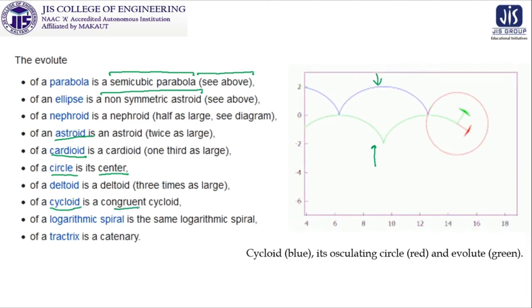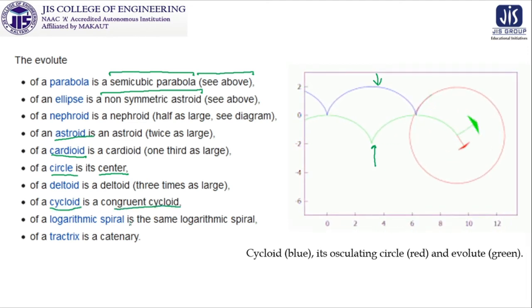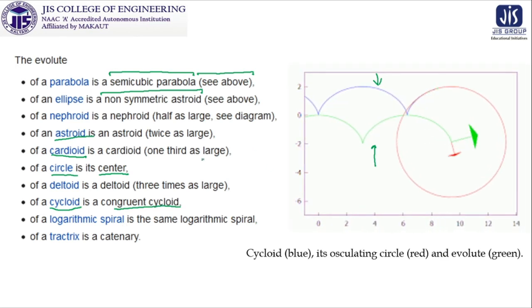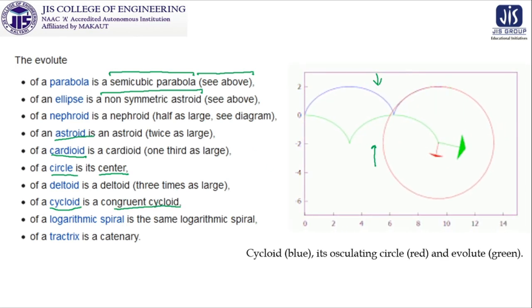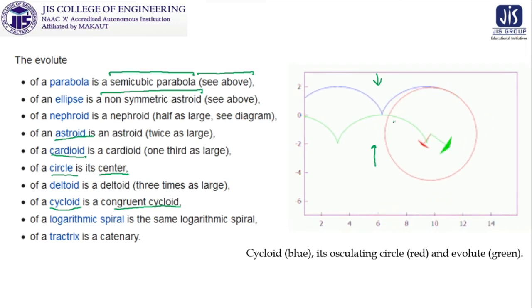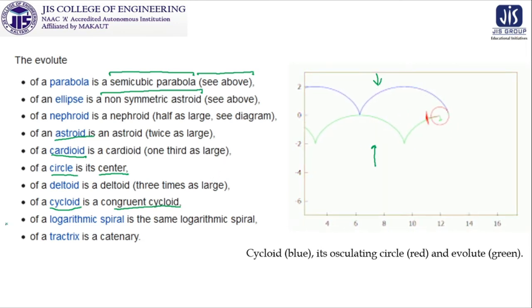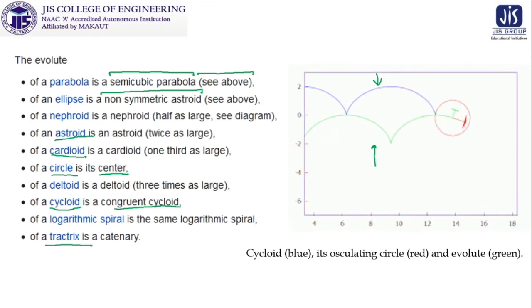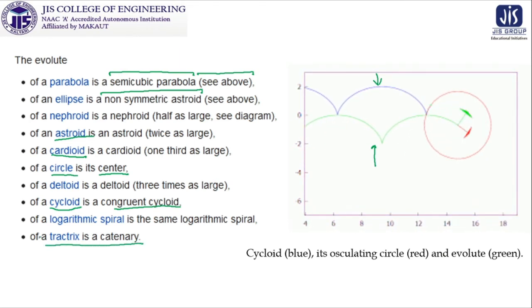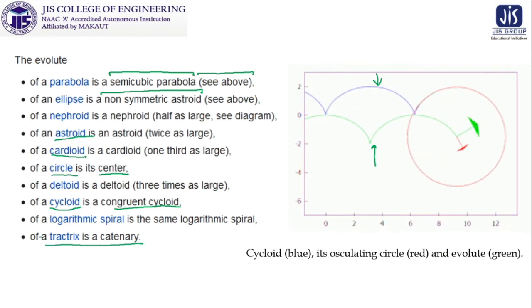The name of this green evolute that is generated over here is congruent cycloid, because it also has the same shape as a cycloid. And this one is very interesting, that the evolute of a tractrix is a catenary. I will show you in the later slides.